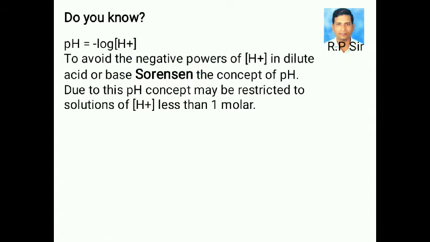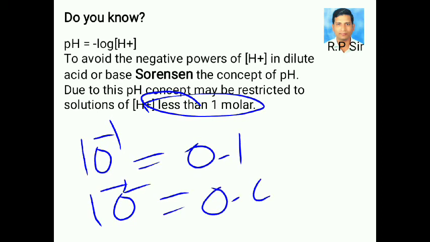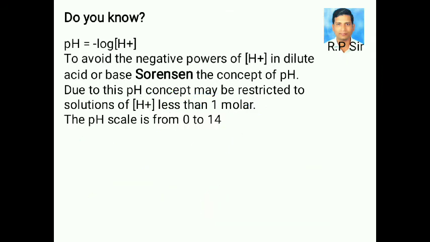Due to this, the pH concept may be restricted to solutions of hydrogen ion concentration less than 1 molar, that is 10 power minus 1 equals 0.1 mole. 10 power minus 3 is equal to 0.001 mole. As we know, the pH scale is from 0 to 14.